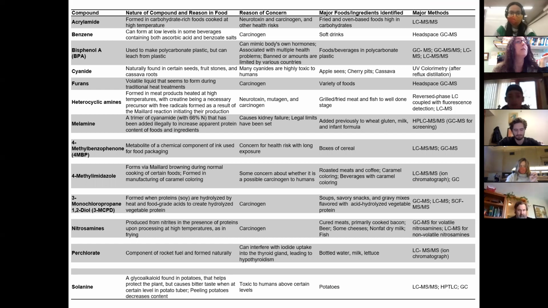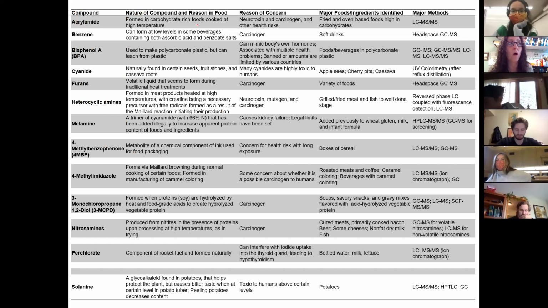Okay, so this table here lists a lot of different compounds of interest: acrylamide, benzene, bisphenol, etc. So it gives you the nature of the compound, and why it made it to food. For example, acrylamide is formed in products that are high in carbohydrate and got high temperature treatment.